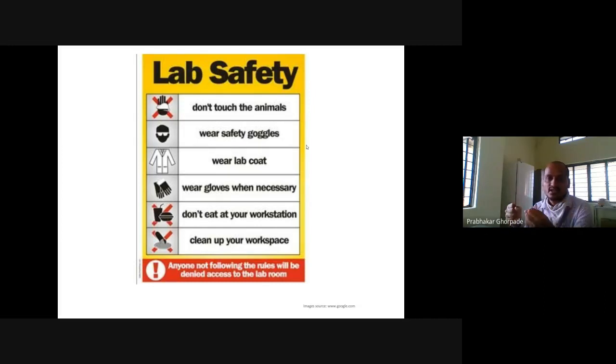We have to wear the lab coat. You have to wear boots to avoid chemical spillage on your legs. Wear gloves whenever necessary. Don't eat at your workstation. Clean your workspace. You shouldn't eat anything in your laboratory because the surface may contain anything; previously, a student may have worked there.